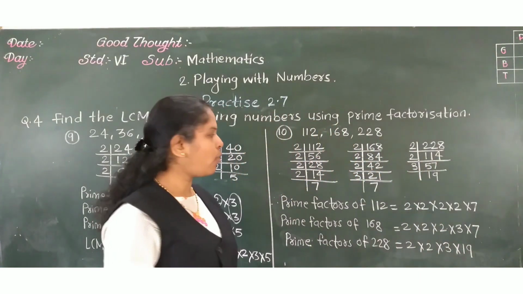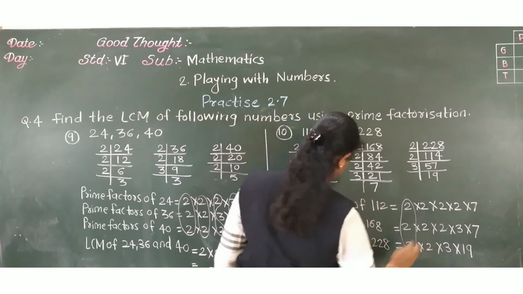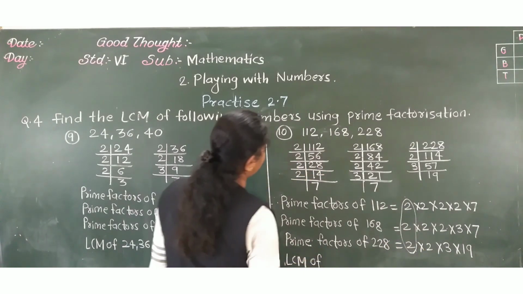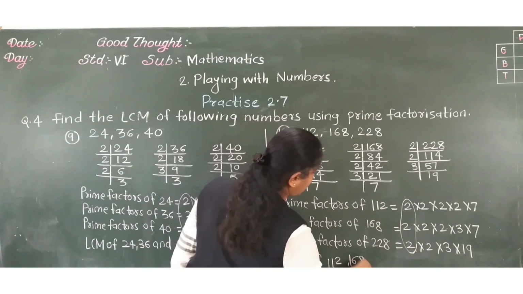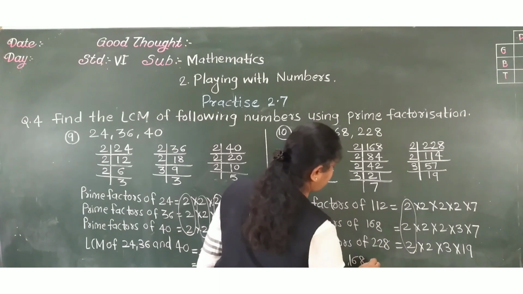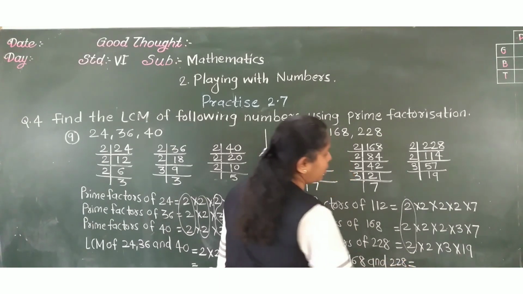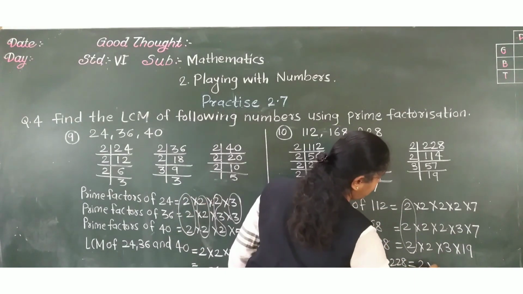Okay. So what we have to do? First we have to find out the common factors. The LCM of 112, 168 and 228 is equal to. Now what is common? 2 is common in all these three. So write 2 into.